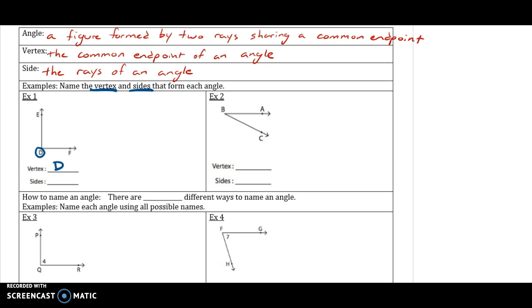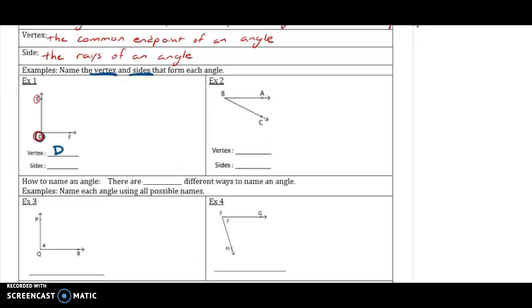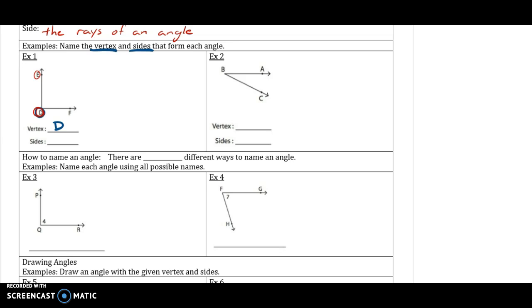Now my sides, we have to remember, are rays. So a ray starts at the vertex and goes to the next letter. So one side would be ray DE. Don't forget to add the ray symbol. And the second side would be the vertex to the next letter.